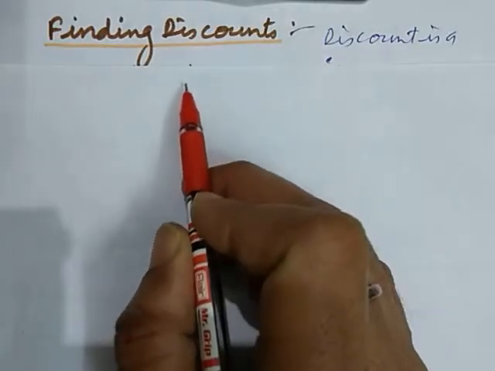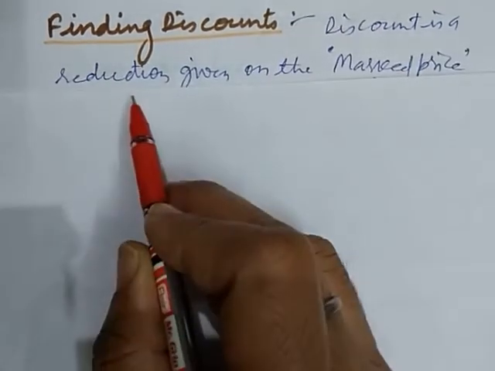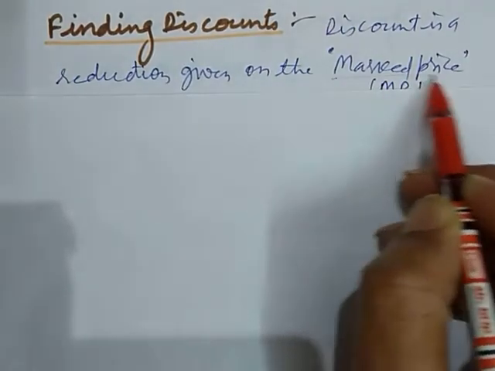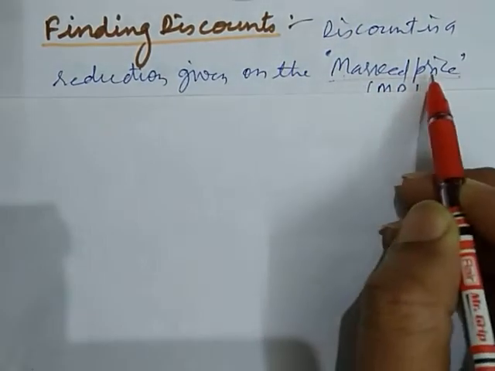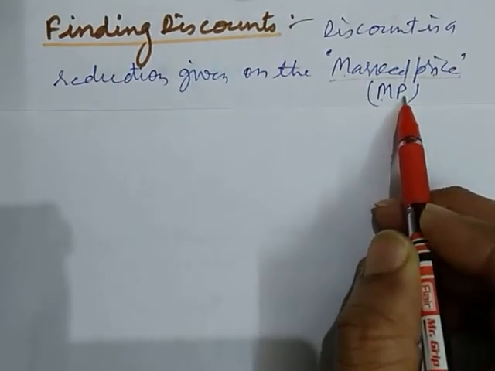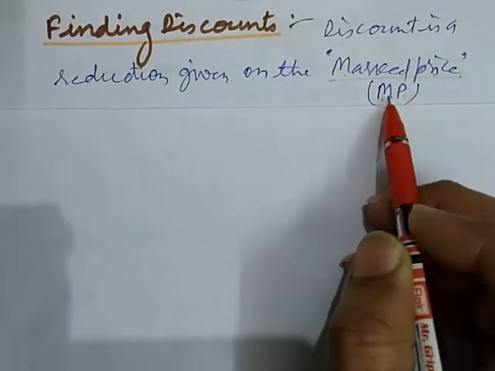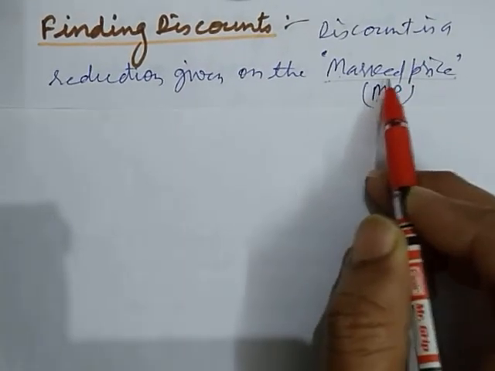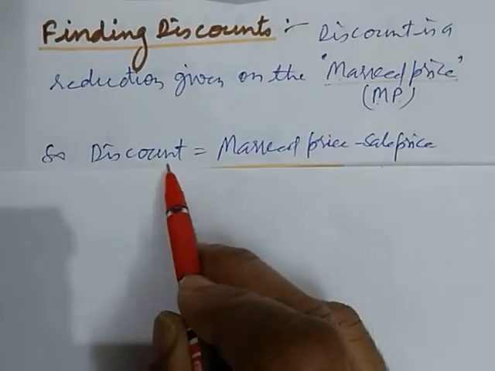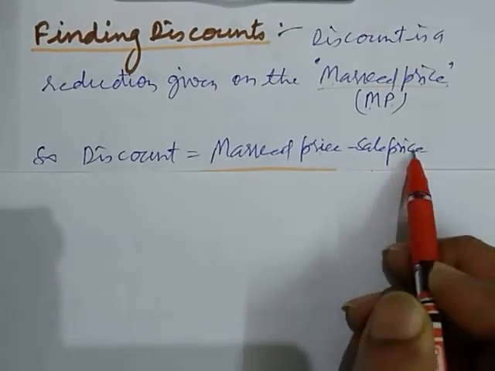Now we learn finding discounts. Discount is a reduction given on the marked price. The marked price can be shown as MP, so later on we use MP instead of marked price. Discount is equal to marked price minus sale price.